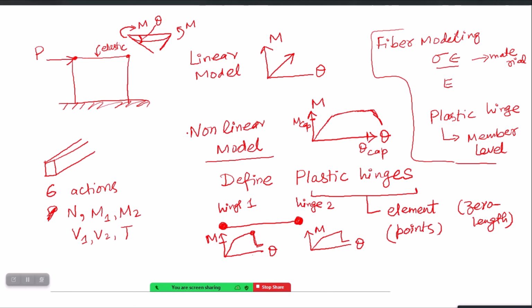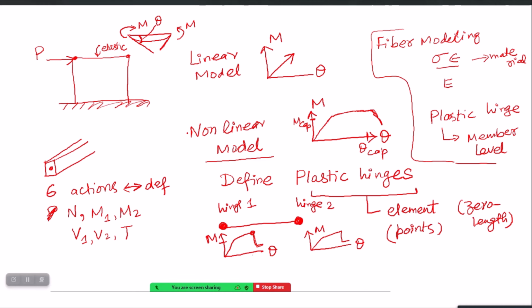So there are 6 degrees of freedom at each end of a three-dimensional frame element, and each of these degrees of freedom has a corresponding action and a corresponding deformation also, right? All of those 6 actions have a deformation, and the relationship between those actions versus deformations is by default linear forever in a linear computer model.